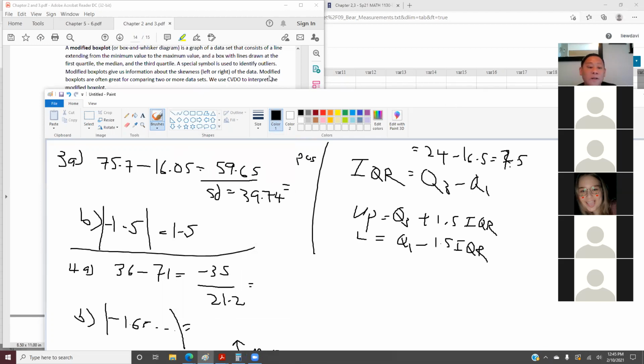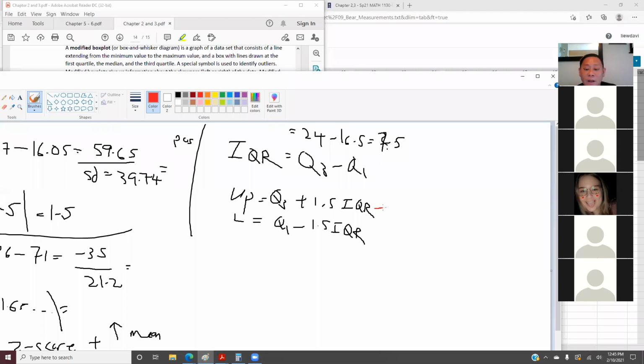Now in order for us to find the upper fence, you take Q3, which is 24, plus 1.5 times 7.5. And then for the lower fence, you take Q1, which is 16.5 and is also in your StatCrunch, minus 1.5 times 7.5.